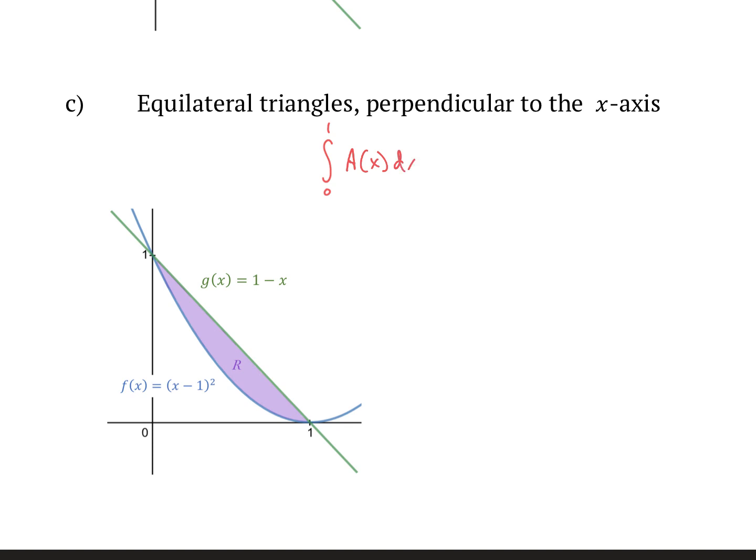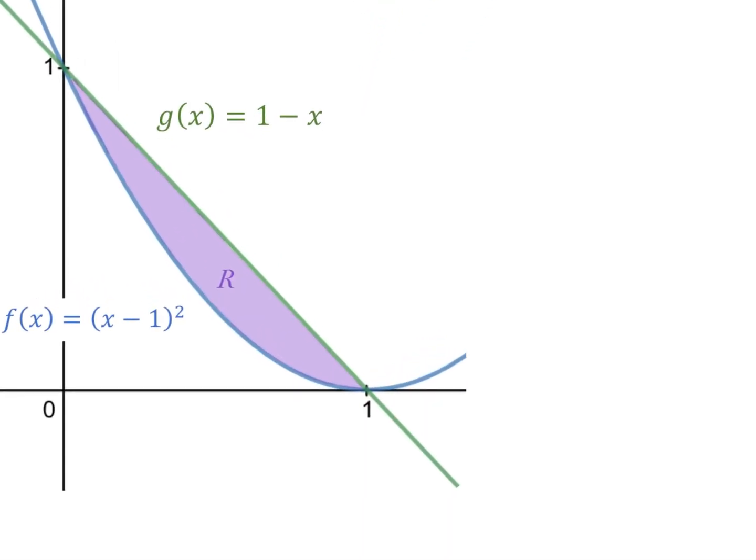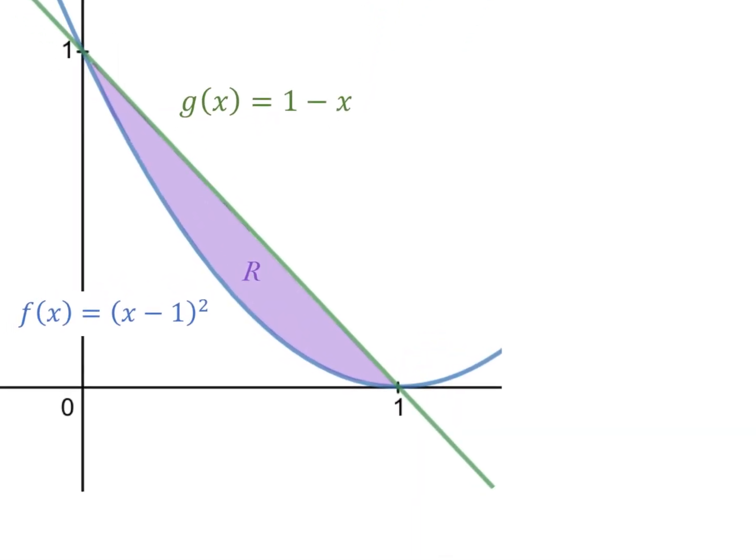Start out with some area function. Okay, so equilateral triangles that are perpendicular to the x-axis. Okay, so that'll be like the base of some equilateral triangle, and then it'll just be like that. Okay, and the distance between those is the base, or the side length.